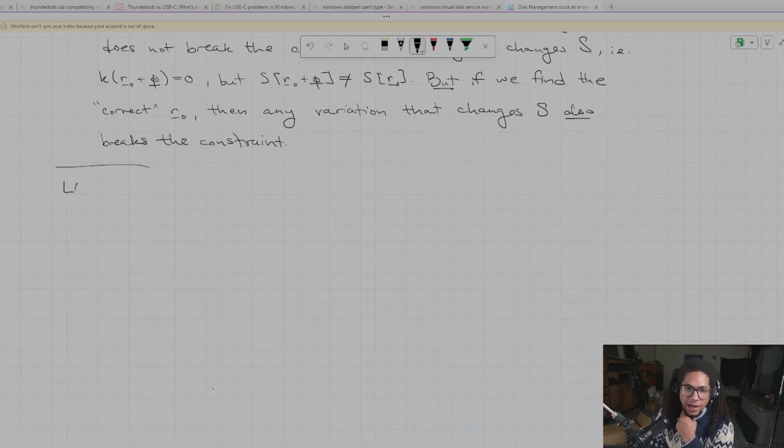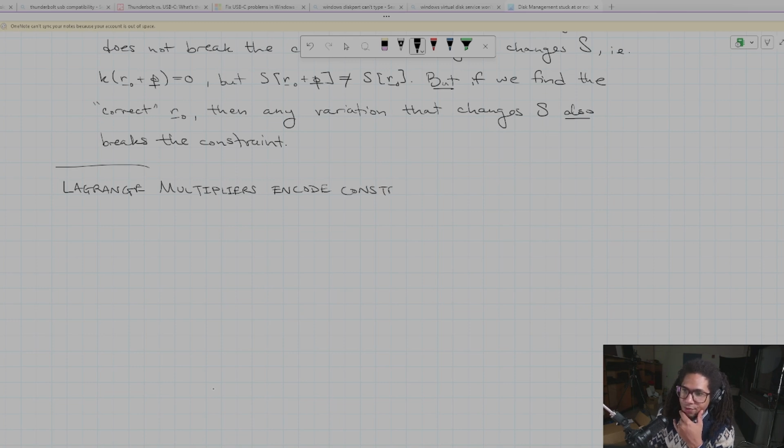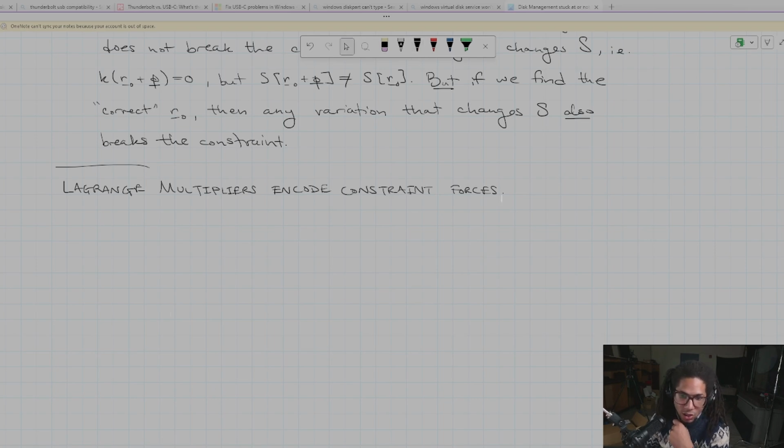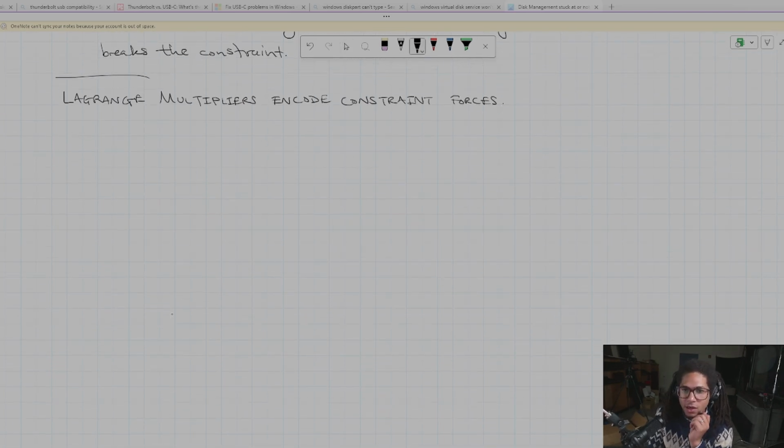So last point, Lagrange multipliers encode constraint forces. To see that, we can just go back to our original example with the pendulum.